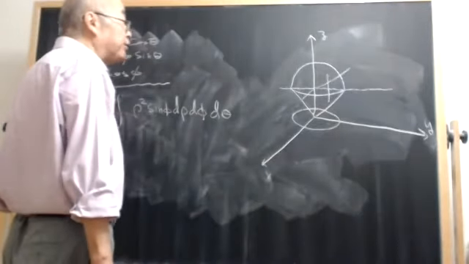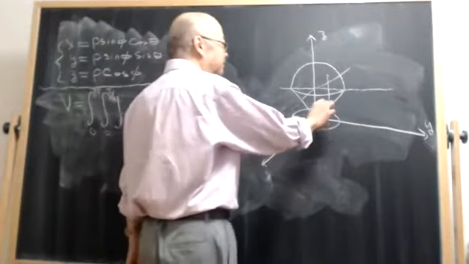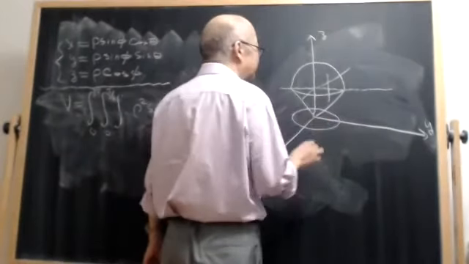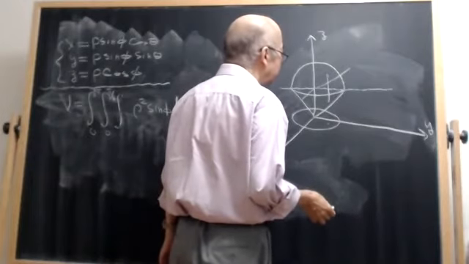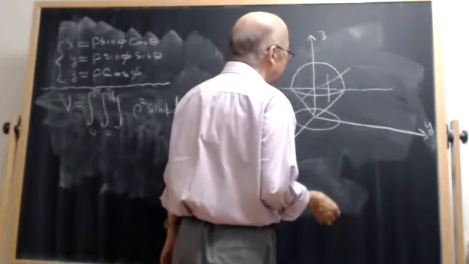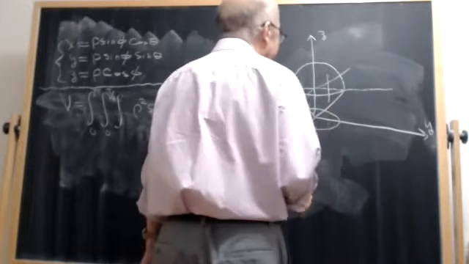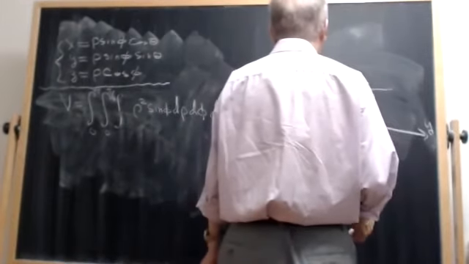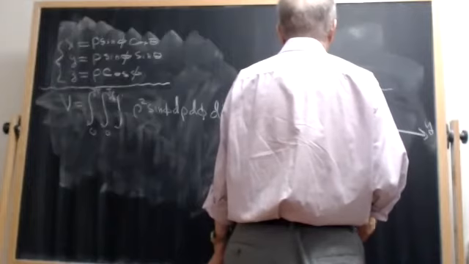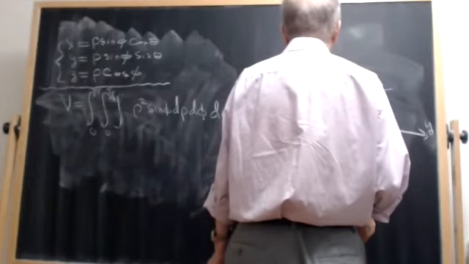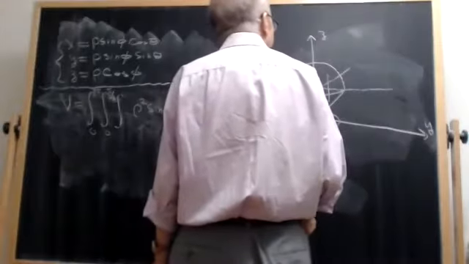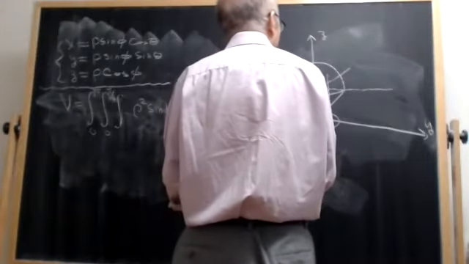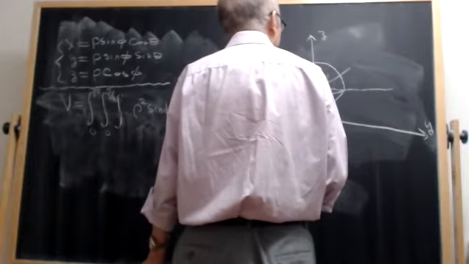And then we have to find rho. Oh, I should not take Z to be like this, because this is not cylindrical coordinates.